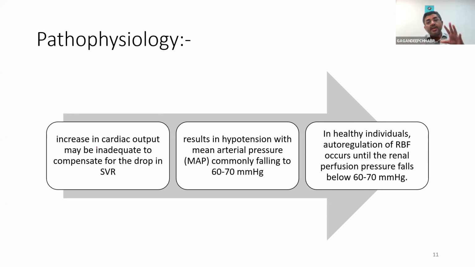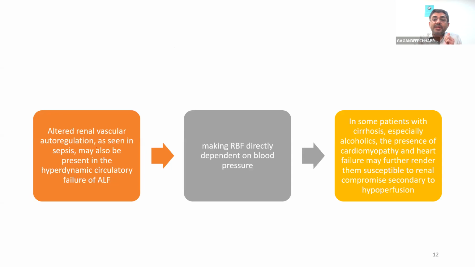We must remember that in a healthy individual, there is autoregulation which occurs in the kidneys. So if the blood pressure falls and a person is healthy, they can autoregulate. Healthy means not with so many comorbidities. So there can be an autoregulation to maintain the perfusion pressure up to a particular level. But in these patients, the autoregulation may be deficient, absent, or malfunctioning.